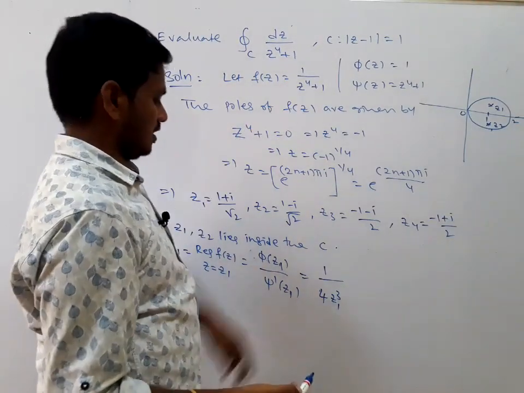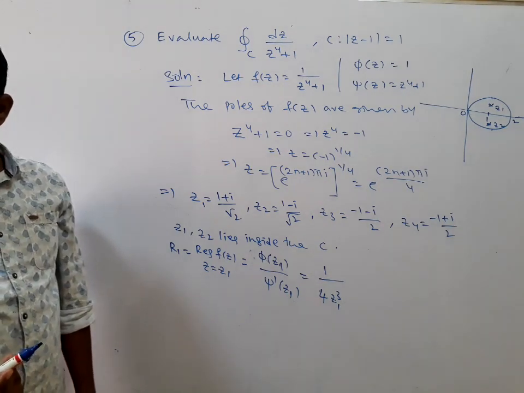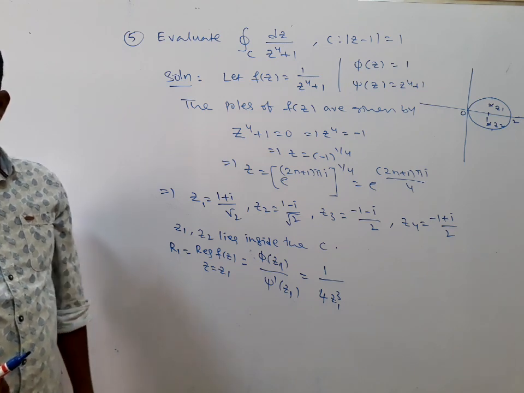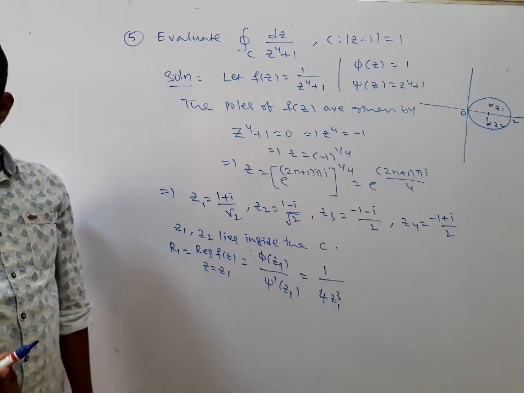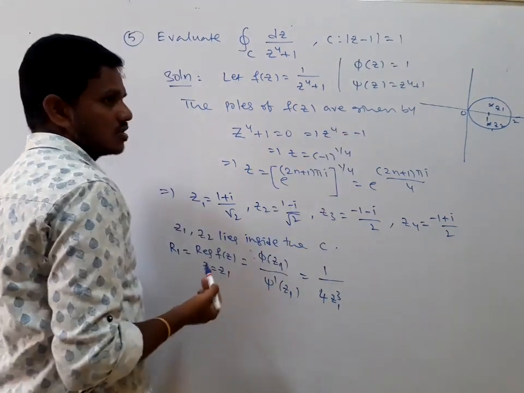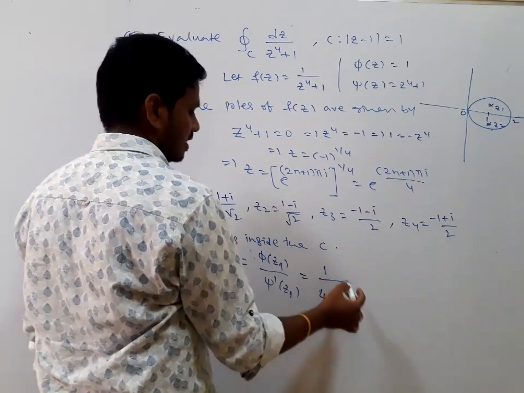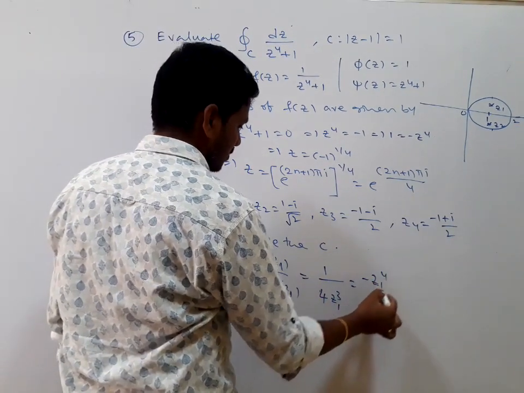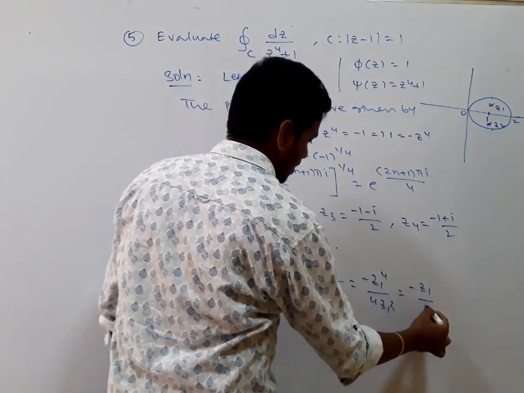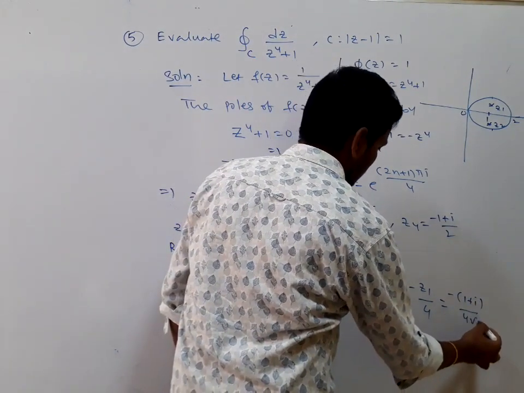Since z to the power of 4 equals minus 1, we can write 1 as minus z1 to the power of 4, so we get minus z1 to the power of 4 divided by 4 z1 cube, which is minus z1 divided by 4. So minus z1 is minus of (1 plus i) by 4 root 2.